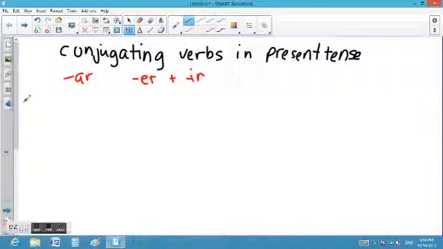The main thing they have in common is that they all have 6 forms. These are the forms that go along with the various pronouns. So you have yo, tú, él, ella, usted.